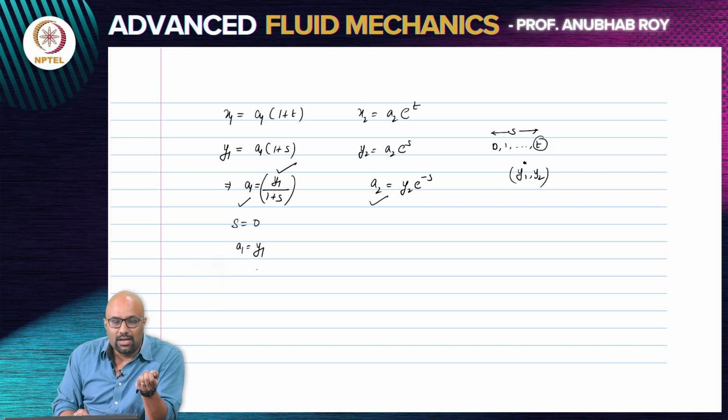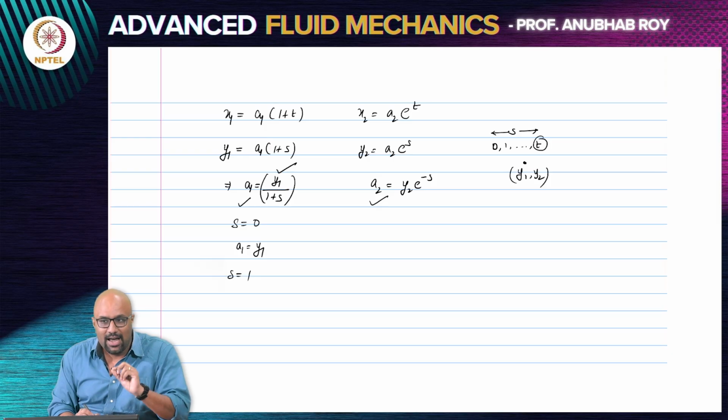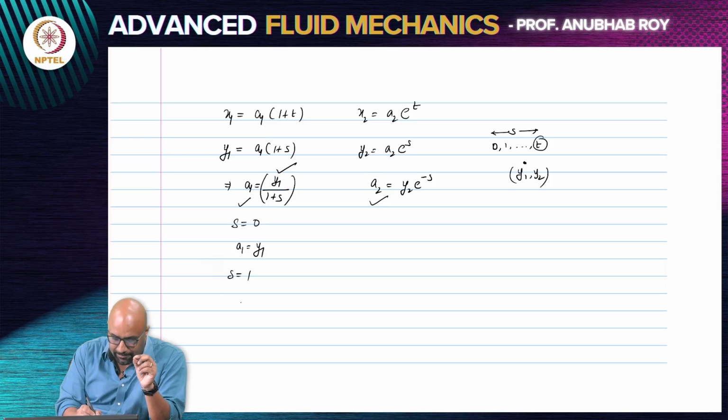What does that mean? It means a particle which was released at t equals 0 from the point y1, obviously for that the initial condition A1 is also equal to y1. For a particle which passed through that point at s equals 1, its initial condition is y1 by 2.